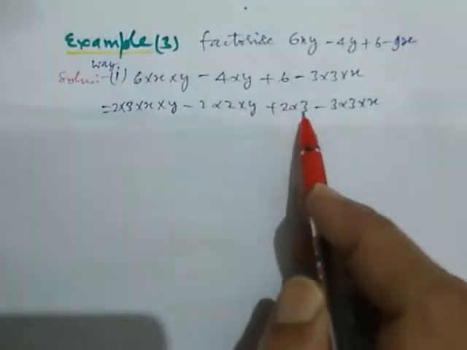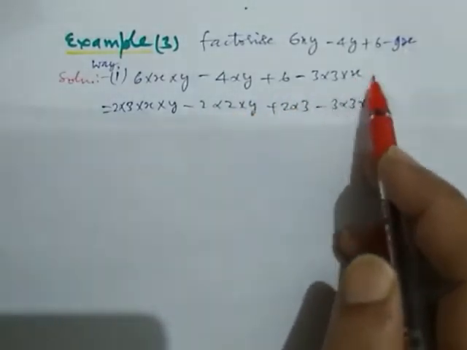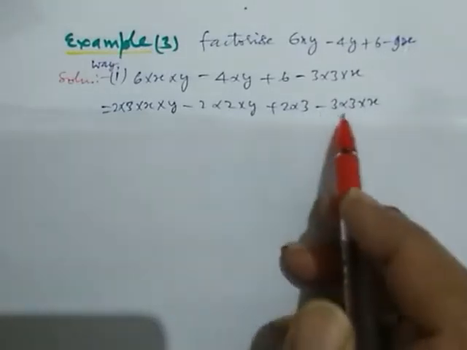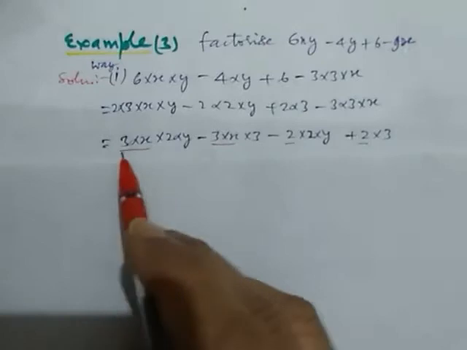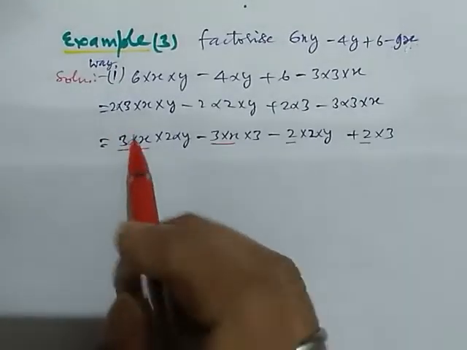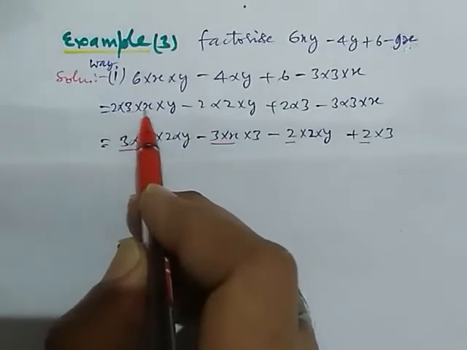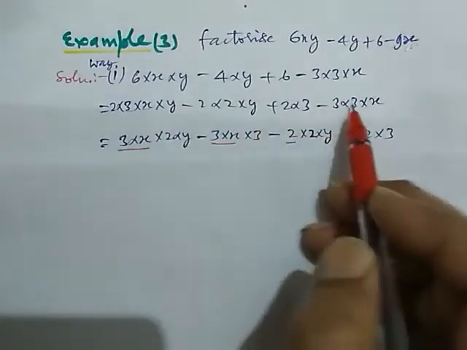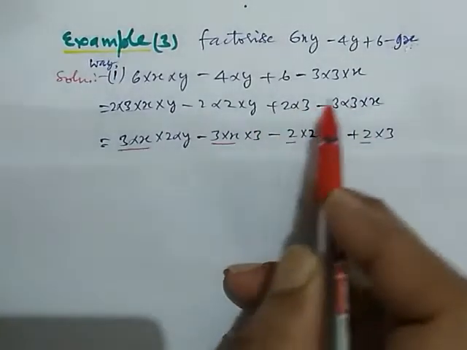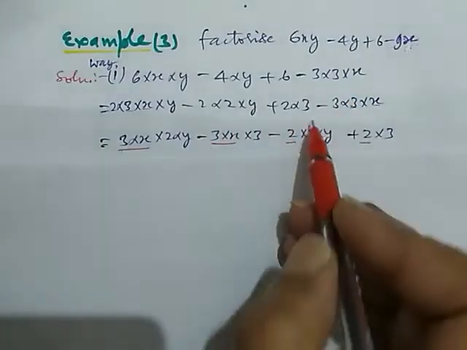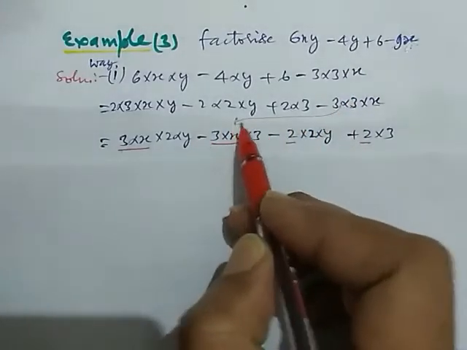This 6 is 2 into 3, and this 9x is 3 into 3 into x. Here we can see what the common thing is: 3x.